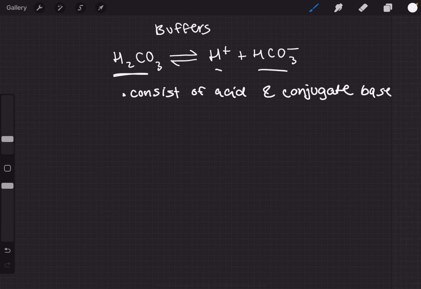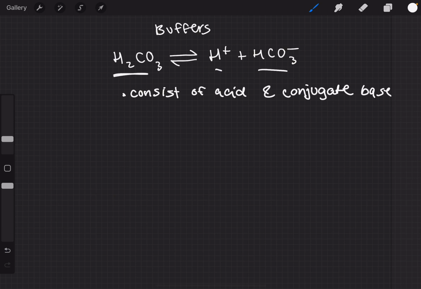Now, the thing about buffers is that, like I said, they can shift the pH of a solution. If we think back to our equilibrium unit, if a system is in equilibrium, we can shift that equilibrium by applying a certain type of stress to it. That has to do with following Le Chatelier's principle and all that.